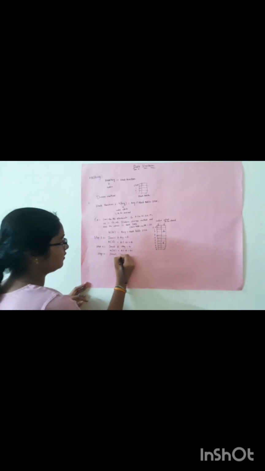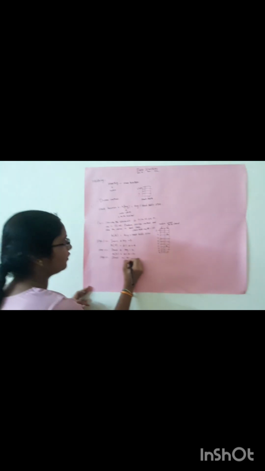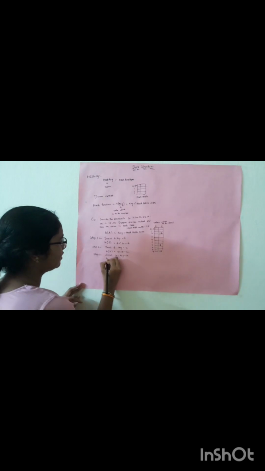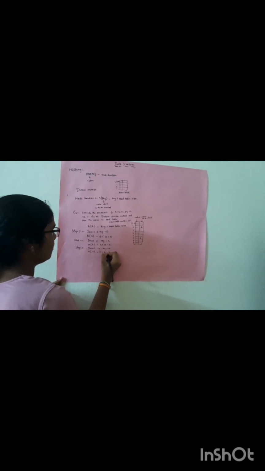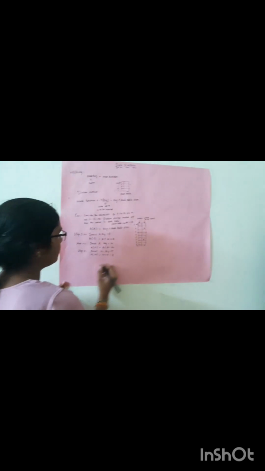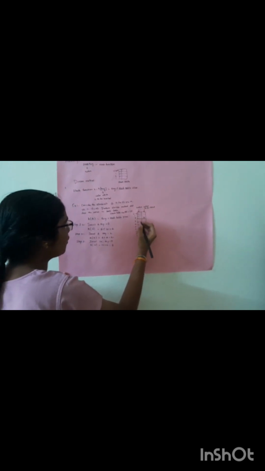Next, step 3. Insert 14. That means key equal to 14. Then we need to calculate the hash value using the hash function. h of 14 means 14 mod 10, which is 4. So we get the hash key as 4. So 14 needs to be stored at the 4th index position.